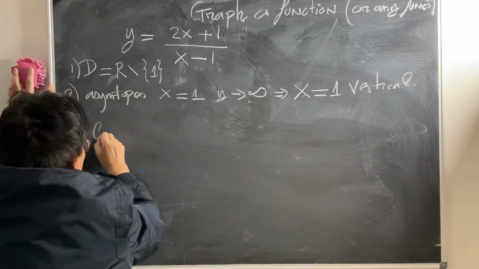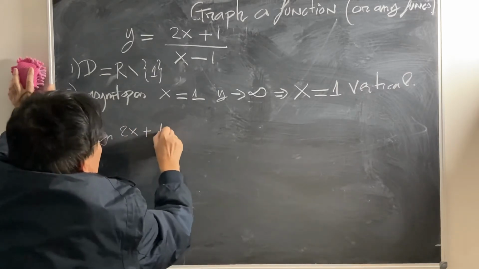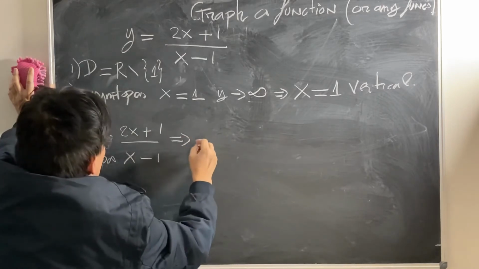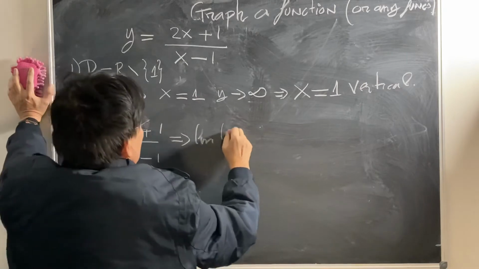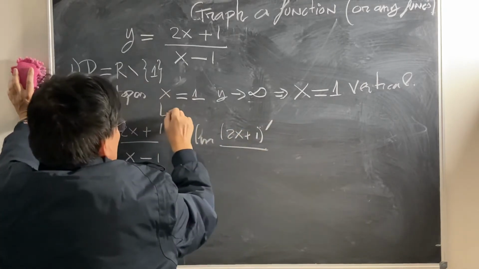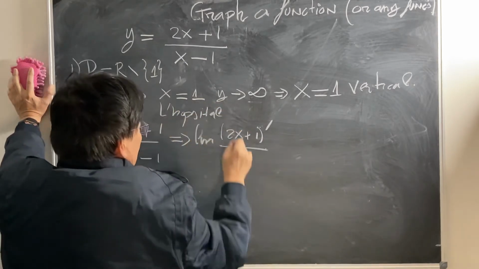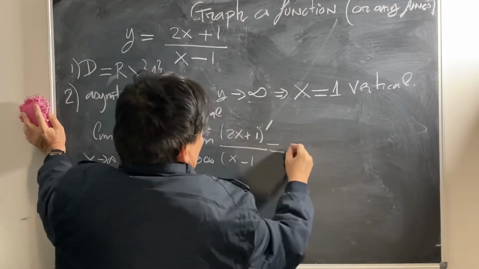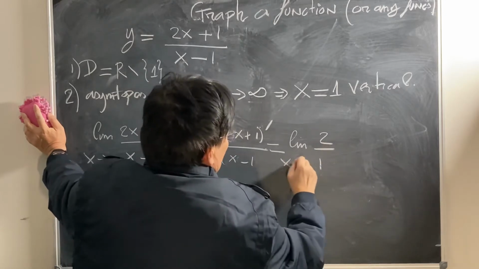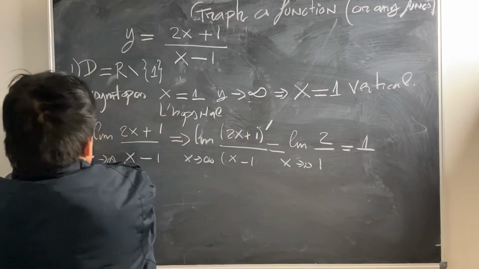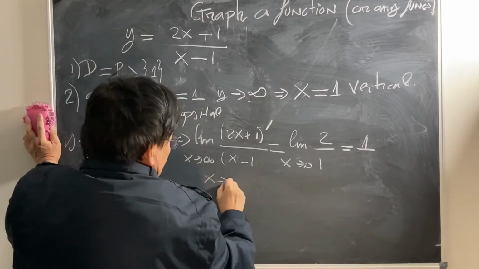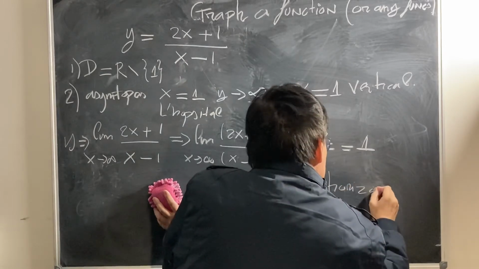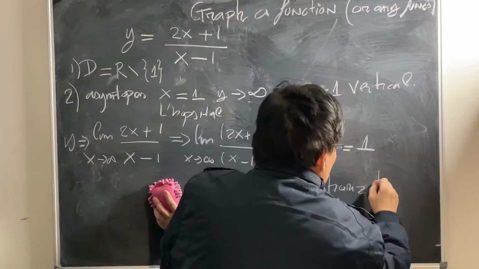If you apply L'Hospital's rule, you have the limit of (2x plus 1) over (x minus 1) as x goes to infinity, which is infinity over infinity. Taking the derivative of top and bottom, you have the limit of 2 over 1 as x goes to infinity, which equals 2. So when x goes to infinity, y equals 2, and y equals 2 is the horizontal asymptote.